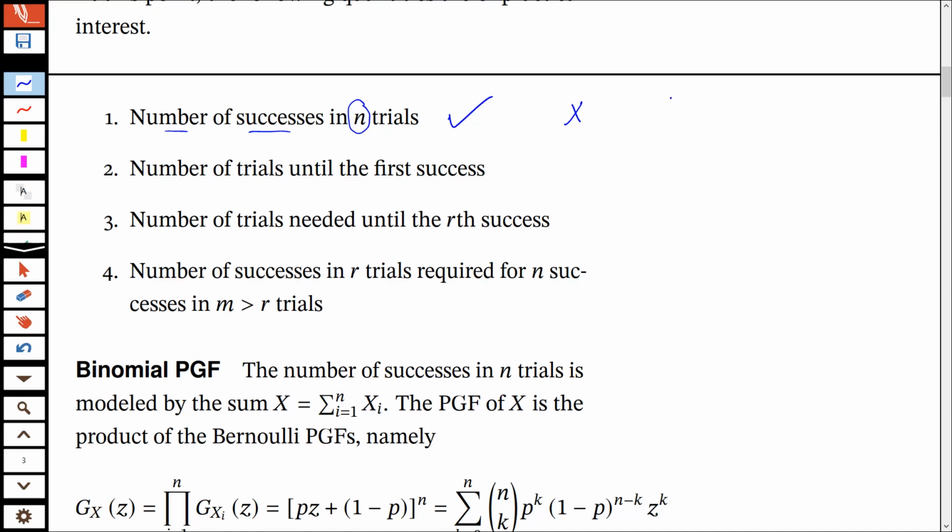Because X1 and X2 and so on represent success at each trial, if we add all of these Bernoulli random variables, I'll be adding ones and zeros, and I will have as many ones as there are successes. So X automatically has to be a sum of Bernoulli random variables. That's how I started it. X must be a sum of Bernoulli random variables.